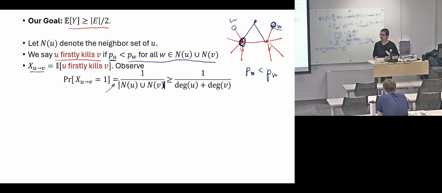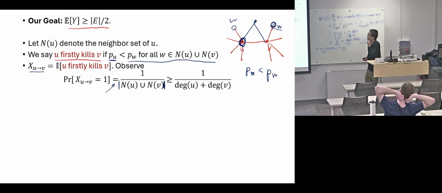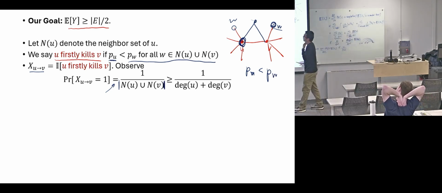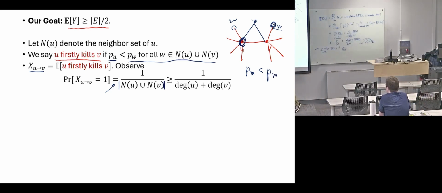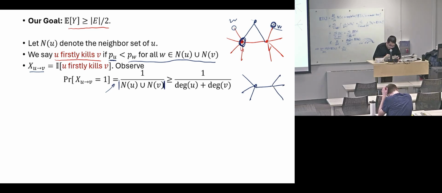Does this step make sense? The size of the neighbor set of u union the neighbor set of v is at most this thing. If u and v don't share any neighbor, then this set would have size exactly this.